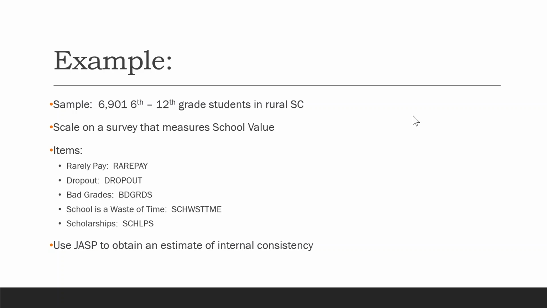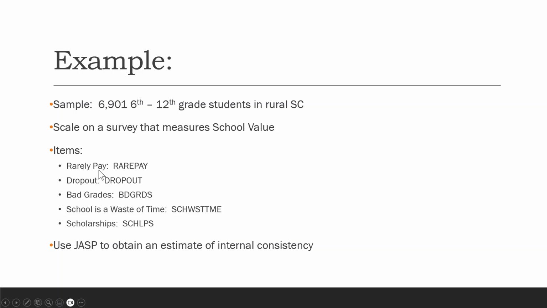All right, so I'm going to look at these items here that measure school value. So this is the construct, and there are 1, 2, 3, 4, 5 items, and I have abbreviations of their actual variable names in the data set. But these are the items that measure school value.